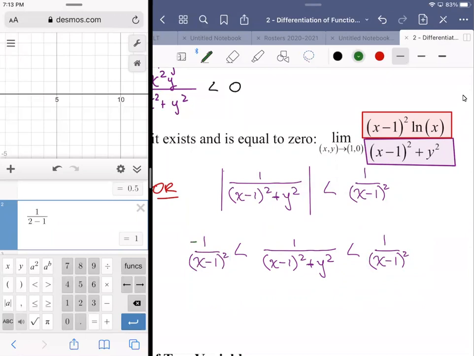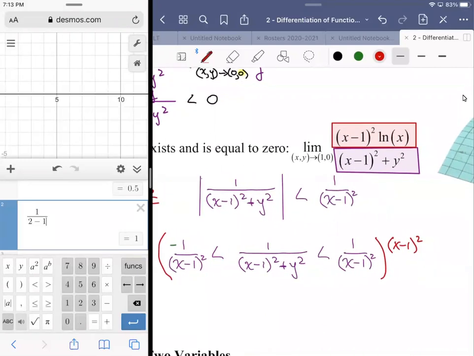All right, so now when I multiply through with that (x - 1)^2 times the natural log of x, we get a lot of nice cancellations. On the low end, it ends up being negative ln x.